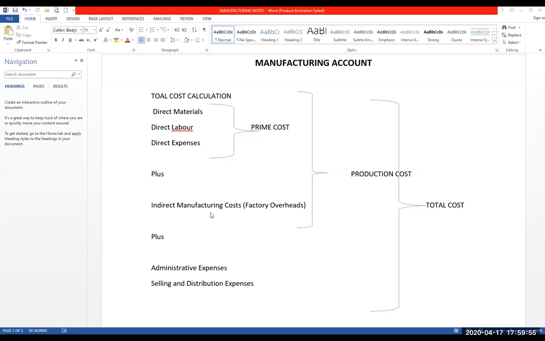So those types of costs that are direct for the product are considered direct costs, and direct cost forms part of the manufacturing cost. The other element of manufacturing cost is indirect costs, and indirect cost is also known as overhead expenses.